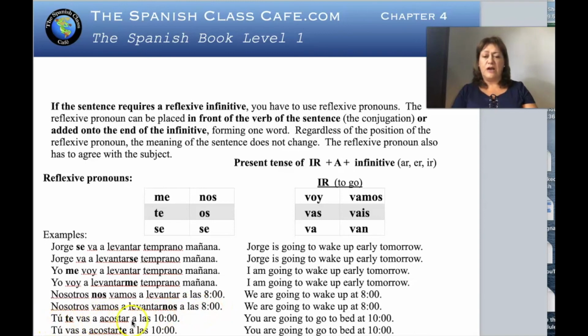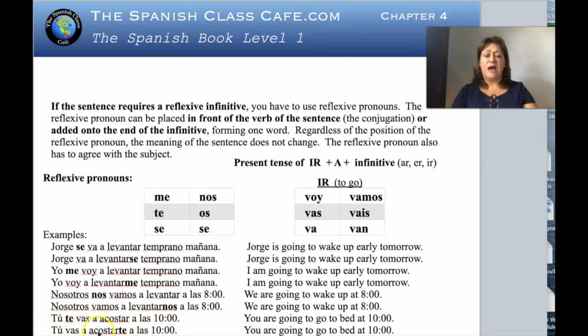Tú te vas a acostar a las 10. Tú goes right here, right, in the second position on the left. Tú te vas, grab the a, acostar a las 10. Tú te vas a acostar a las 10. Now we move it to the back.